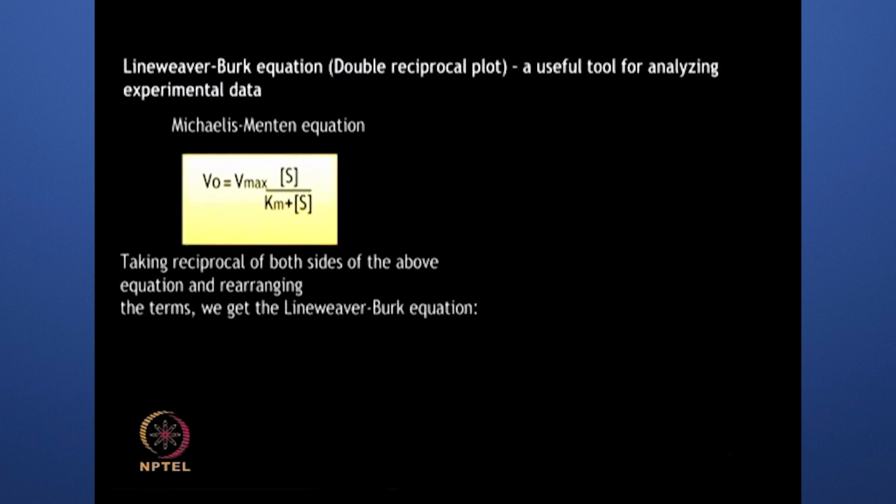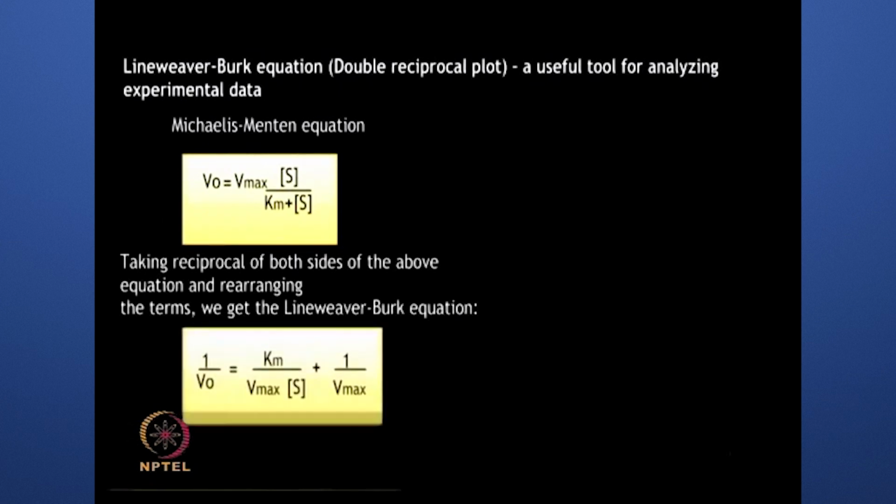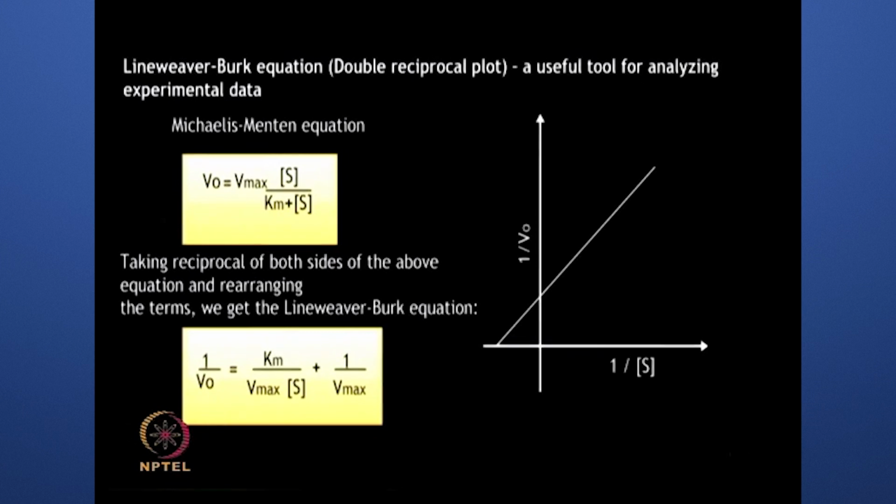This equation is derived from the Michaelis-Menten equation by taking reciprocals on both sides and then plotting a graph of 1 by V0 versus 1 by substrate. The y-intercept on this graph can be used to deduce the value of Vmax, while the x-intercept gives the value of Km.